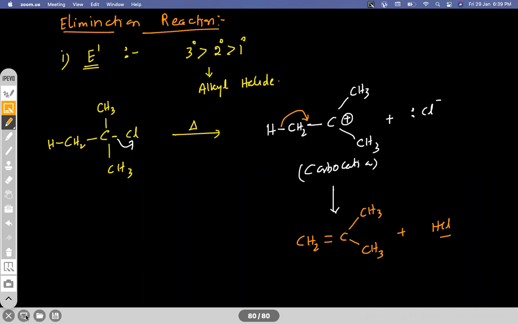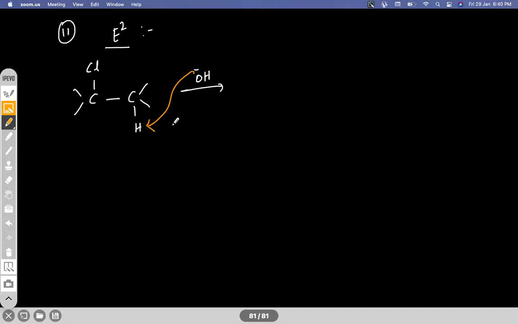If you have the E2 mechanism, then what happens? Consider this molecule. Carbon has a leaving group Cl, and one hydrogen here. Hydrogen must be present at the beta carbon for elimination reaction. In presence of a base, suppose I take OH minus as the base. This OH minus takes this H plus, and the reaction would be slow here.